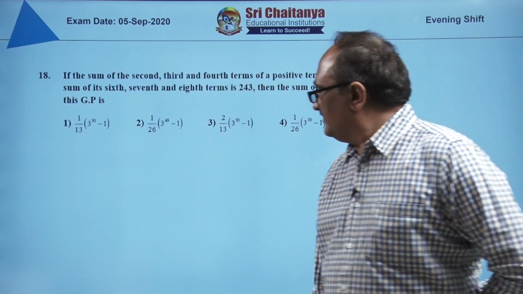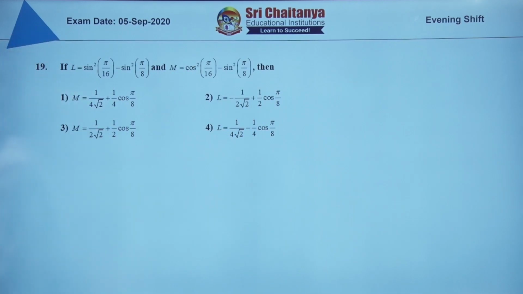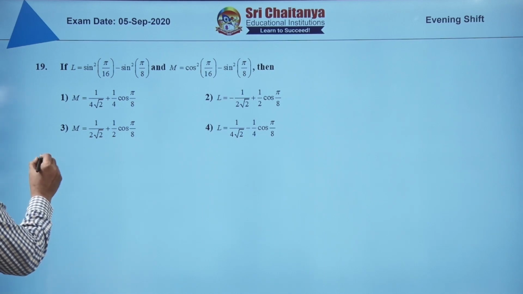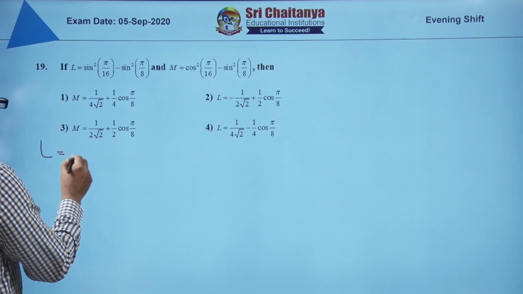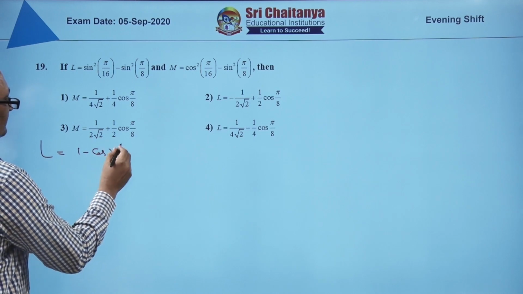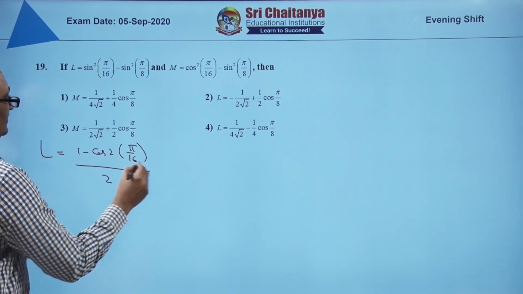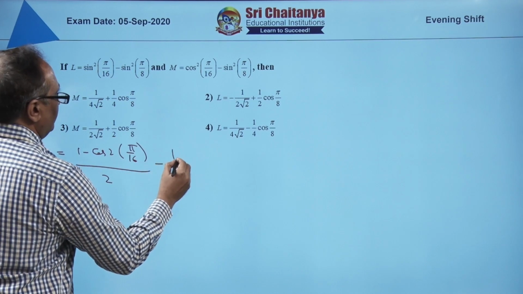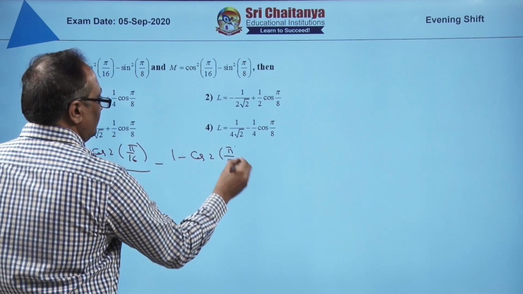Coming to 19th question, it is a simple problem based on properties of sine function and cosine function. L can be written as sine square a; the formula you can write is 1 minus cos 2a by 2, so 1 minus cos 2 into pi by 8 by 2 minus 1 minus cos 2 into pi by 16 by 2.